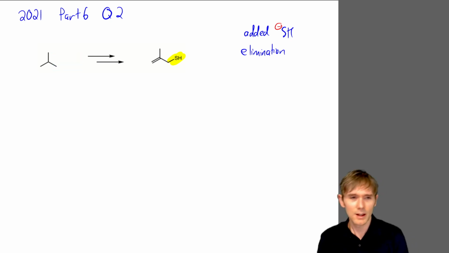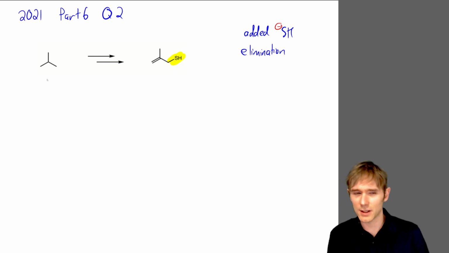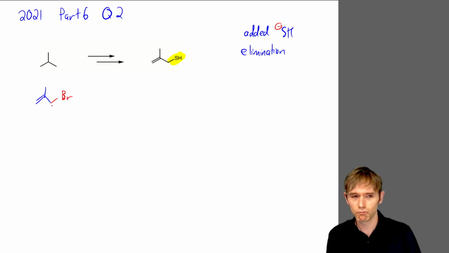Does it matter the order that I do this in? Well, let's see. If I eliminate first and then add a leaving group, is that going to SN2? Yeah, it's going to SN2 pretty well. If I instead do my SN2 first, am I going to be able to eliminate?